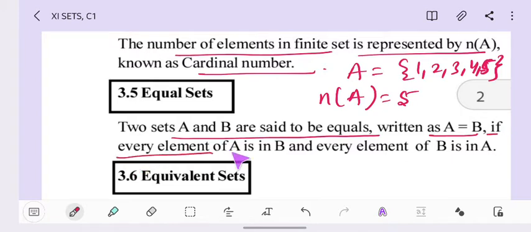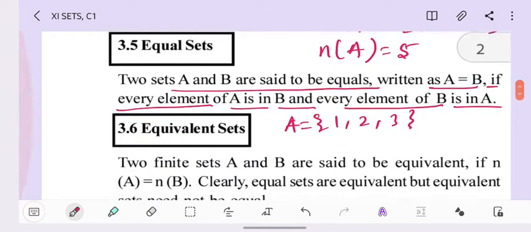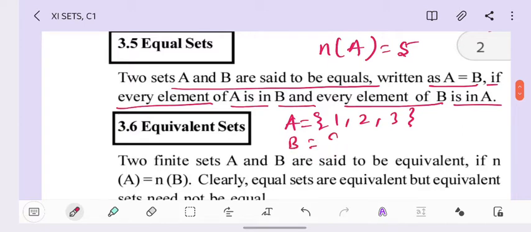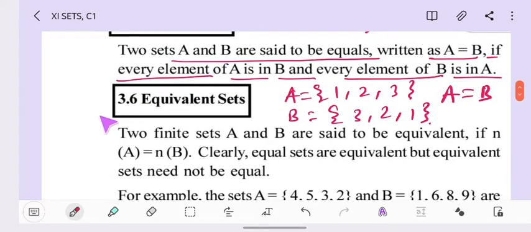if every element of A is in B and every element of B is in A. For example, if a set A equals 1, 2, 3, and B equals 3, 2, 1, so this is an equal set, A equals B. Whereas in case of equivalent sets, it is based on the cardinal numbers.